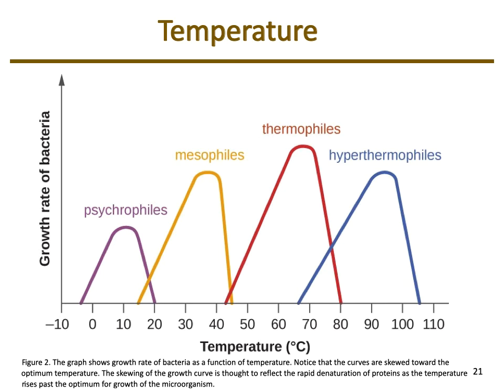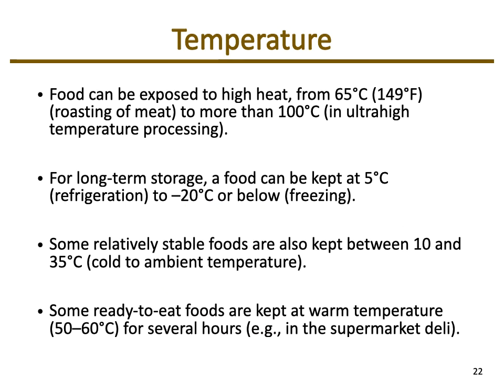And we can use this to our advantage because we can change the temperature, right? So we can change the thermostat, or we can utilize devices like a refrigerator or a stove in order to change the temperature so that we can inhibit growth of these thermophiles and also the mesophiles. So again, we can expose the food to high heat.